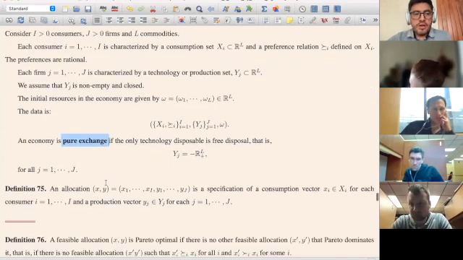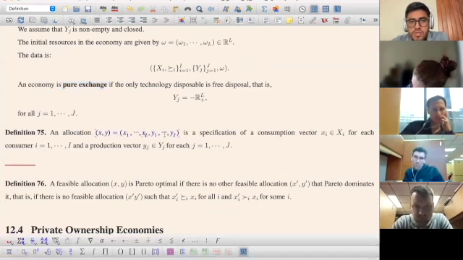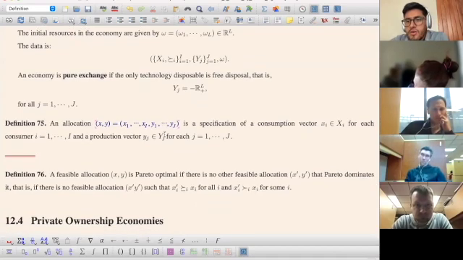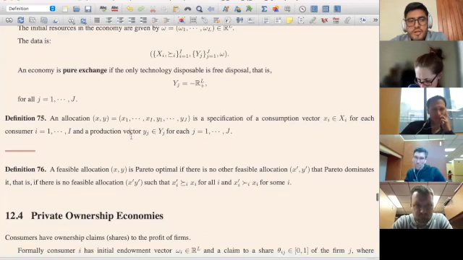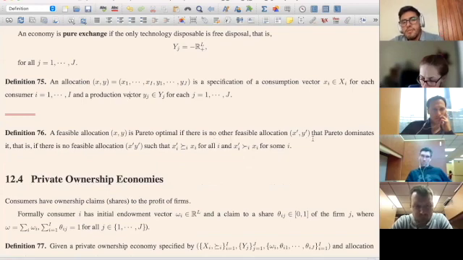Okay, guys. So now an allocation again is basically this collection of consumption and production plans, and as you can see, the only requirement is that the consumption vector belongs to the consumption set, and the production plan belongs to the production set. Now, a feasible allocation, we're generalizing some concepts we saw before. We're going to say that a feasible allocation is Pareto optimal if there is no other feasible allocation X prime, Y prime that Pareto dominates it.